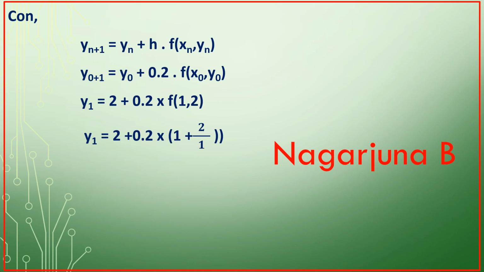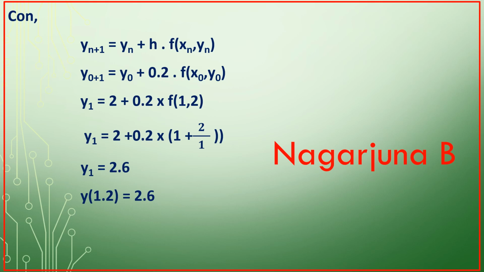So in the calculator you can calculate in this way: 2 plus open the bracket 0.2 into open the bracket 1 plus open the bracket 2 divided by 1 close 3 brackets, and it will give the answer, and that answer is y1 is equal to 2.6.